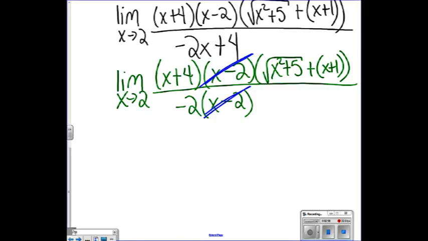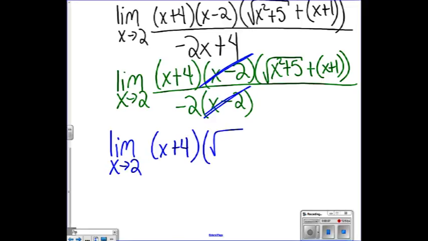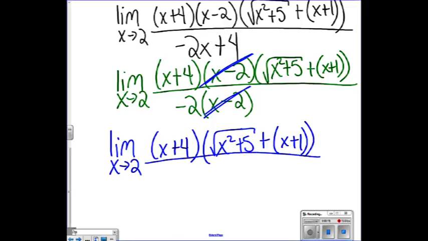So we have the limit as x approaches 2 of x plus 4 times the square root of x squared plus 5 plus x plus 1, all over negative 2. Just cleaning it up a little. All right, now let's plug in this value.